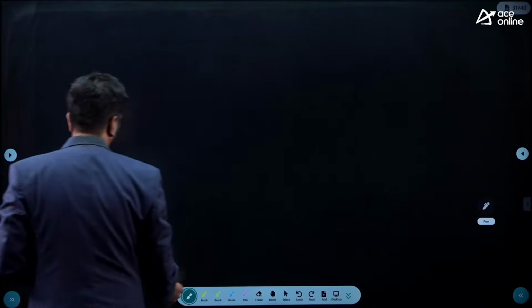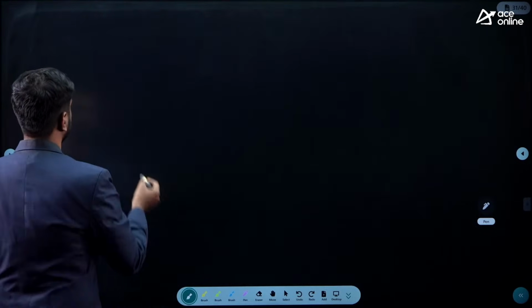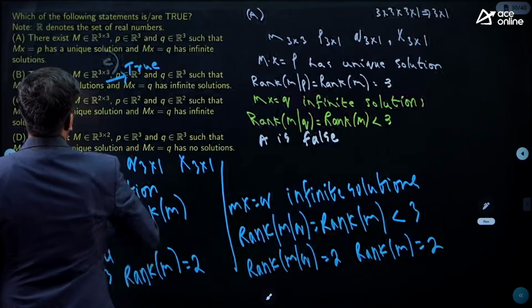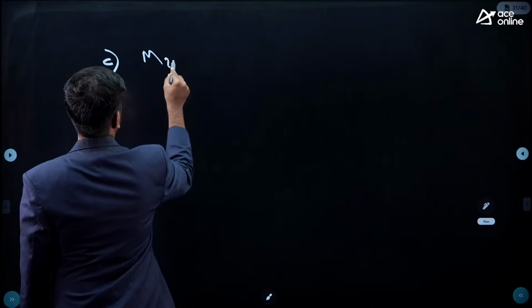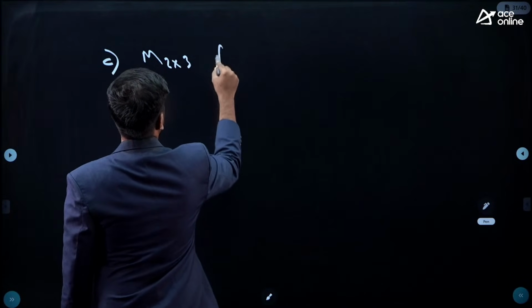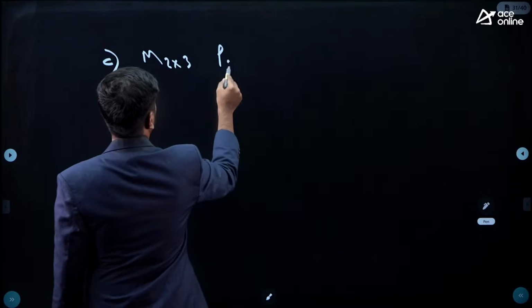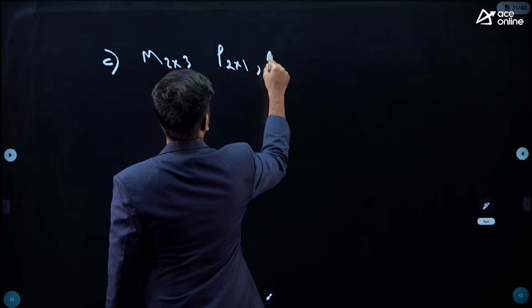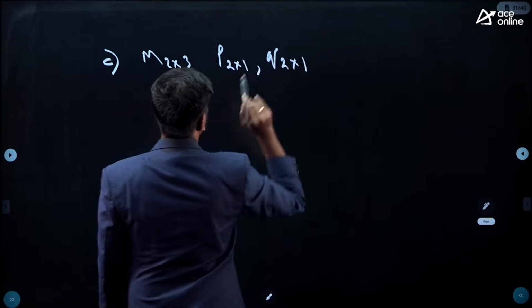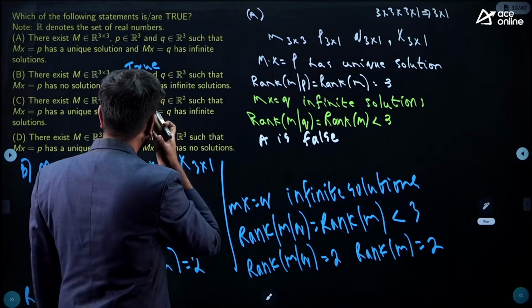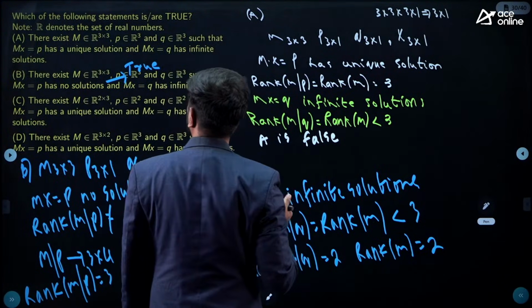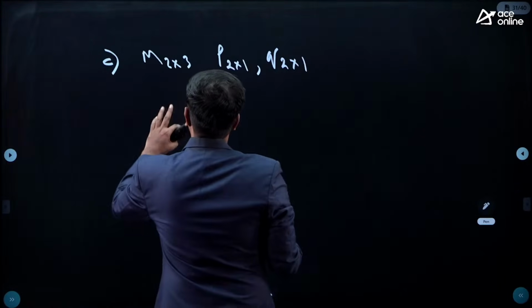Options C and D are even more interesting. So what is option C? In option C, M is a 2 cross 3 matrix, P is a 2 cross 1 vector, Q is also a 2 cross 1 vector, such that Mx equal to P has a unique solution and Mx equal to Q has infinitely many solutions.